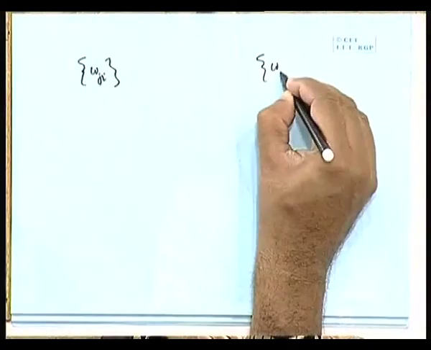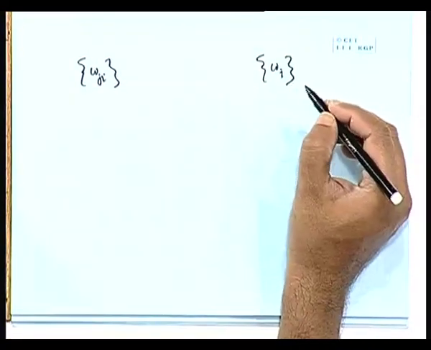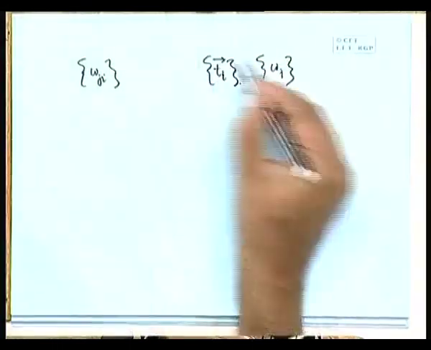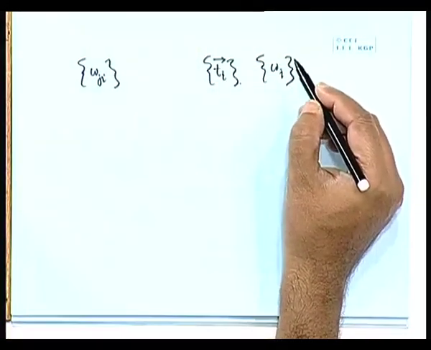Whereas in the case of the RBF, what we have as the free parameters is not only the set of WIs, which are the synaptic weights from the hidden layer to the output layer, but also the centers of the radial basis functions, which we call the TIs.